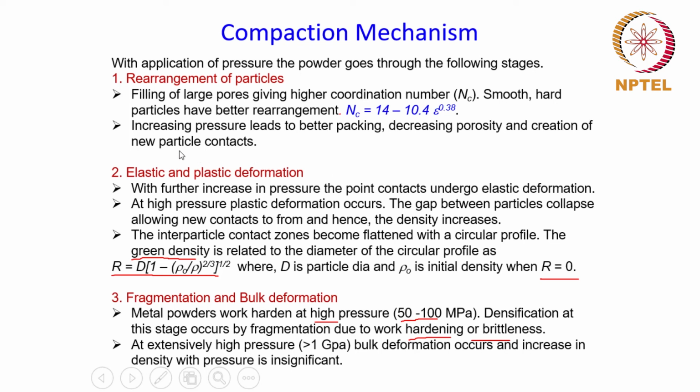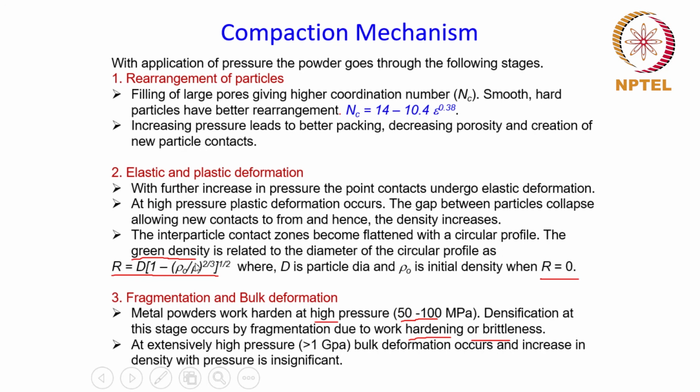And when these contacts are created, as the pressure is increased, these contact points will start to deform, and they will go through elastic deformation first, and as the pressure is increased more, the plastic deformation process will occur. And this parameter, grain density, we have also discussed.